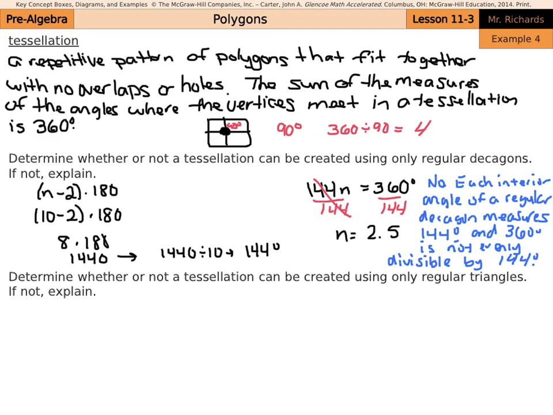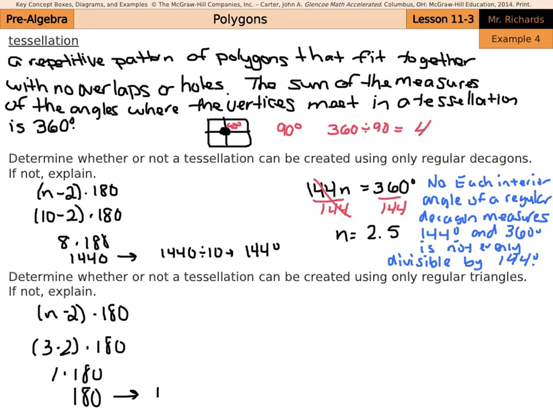And so let's try that one more time. Determine whether or not a tessellation can be created using only regular triangles. If not, explain. We need to once again find the interior angles of one triangle. And so by using our formula, it should not be a surprise that a triangle's angles measure up to 180 degrees.